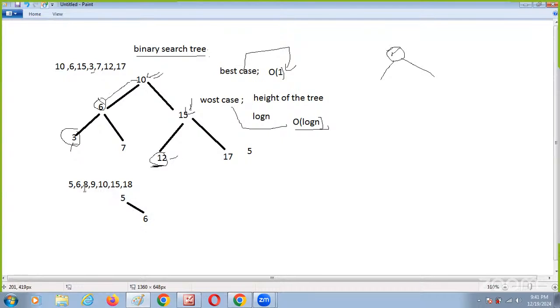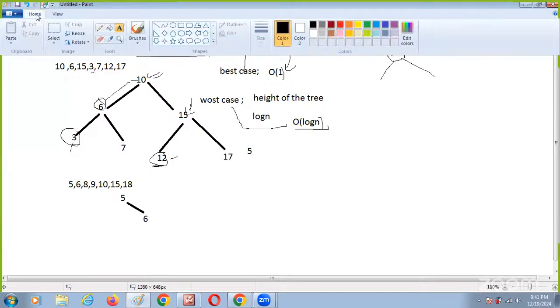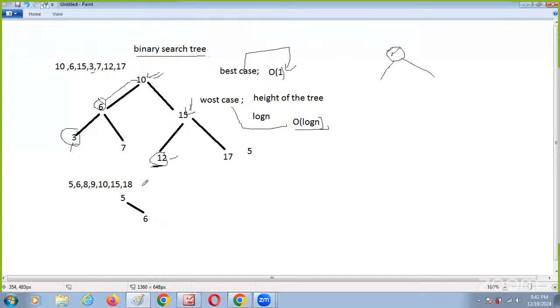Next element, 8: is it greater or less than 6? It is greater than 5 as well as greater than 6. So where do you have to place it? You have to place it here.